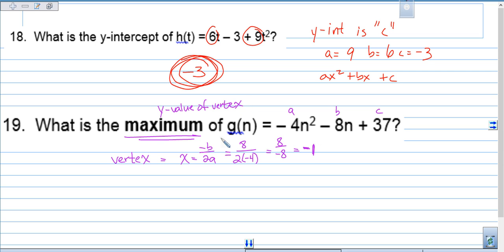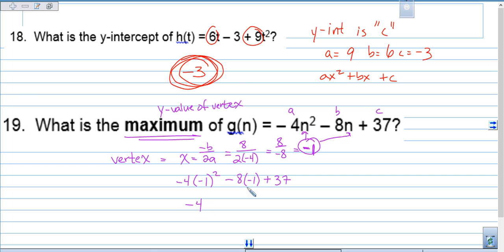Okay? So we'll take this negative 1 and we'll plug it in for n. And so you'll get negative 4 times negative 1 squared minus 8 times negative 1 plus 37. Negative 1 squared is 1. 1 times negative 4 is negative 4.